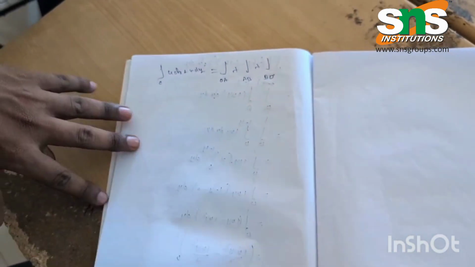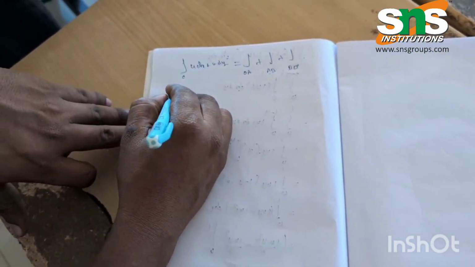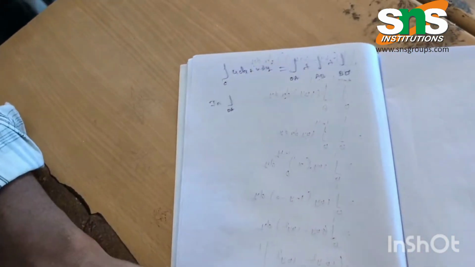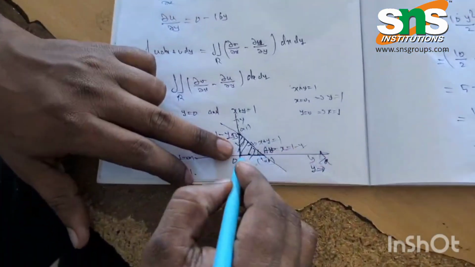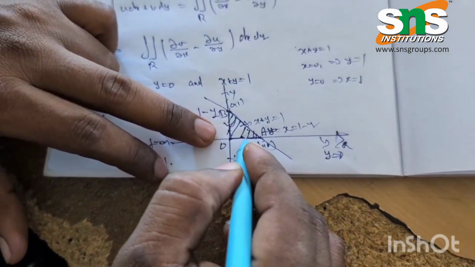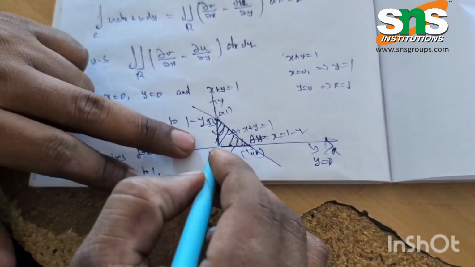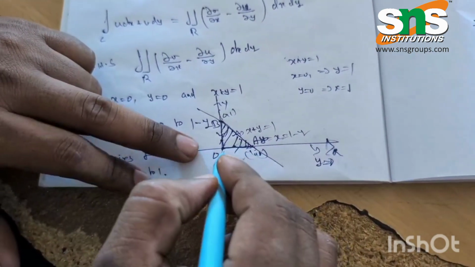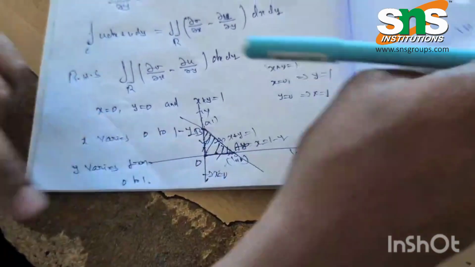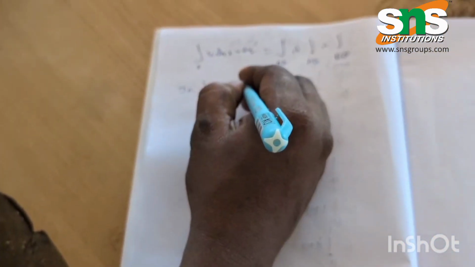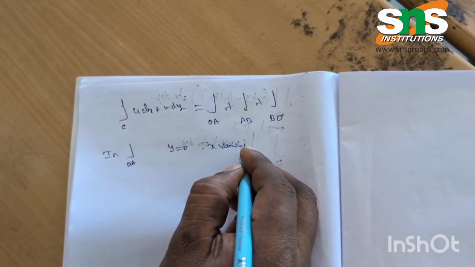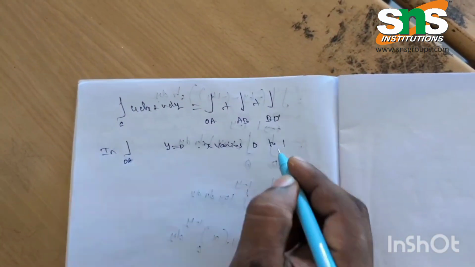Integral OA is first. In OA, the line is y equal to 0 and x varies from 0 to 1.